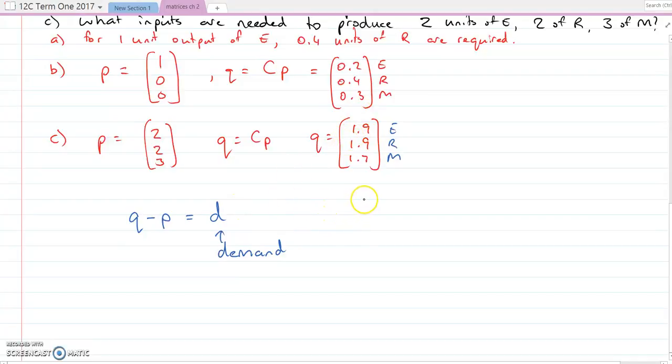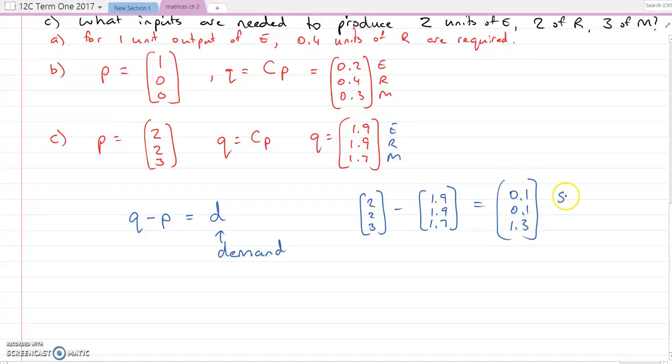So in this example, we had 2.3, 1.9, 1.7 minus 1.9, 1.9, 1.7 to give a surplus of 0.1, 0.1, 1.3. So this is the surplus, or we can call it the demand.